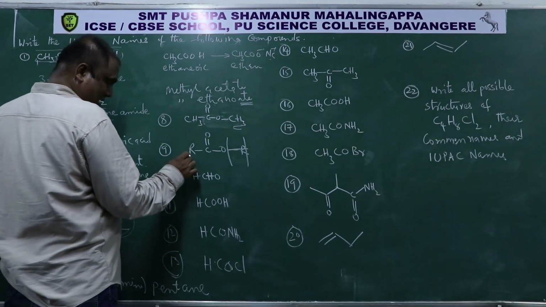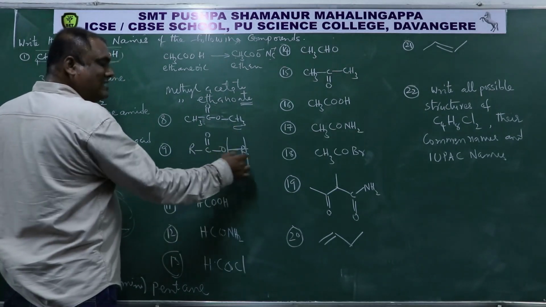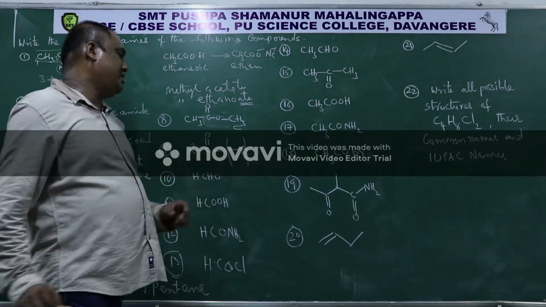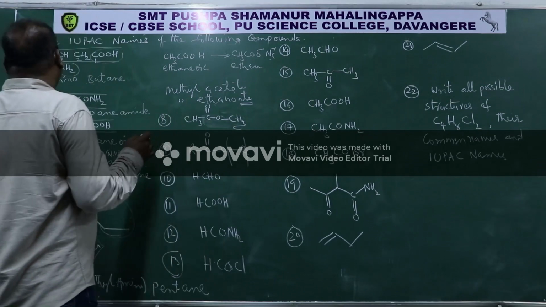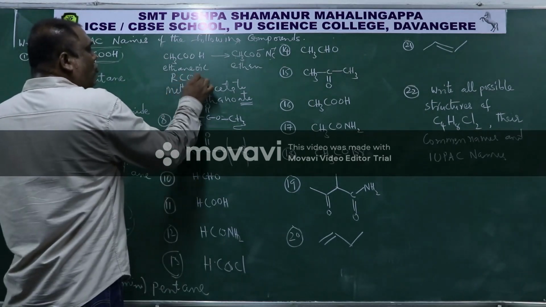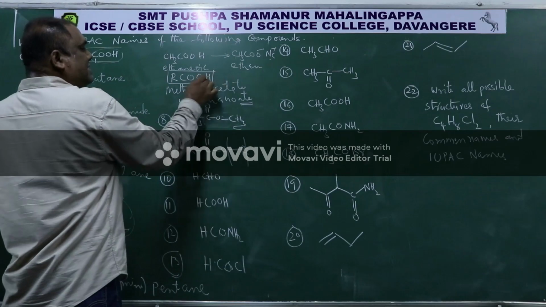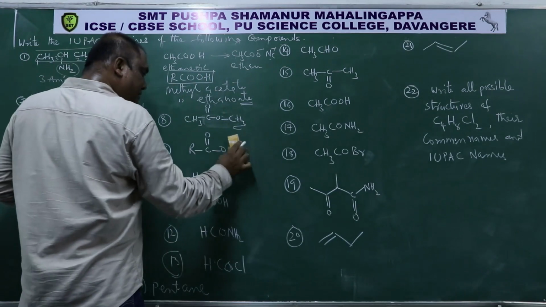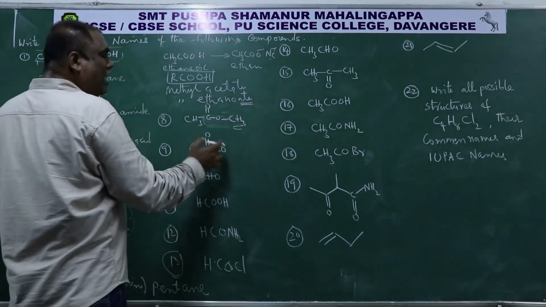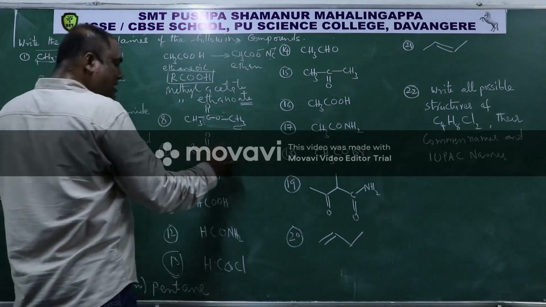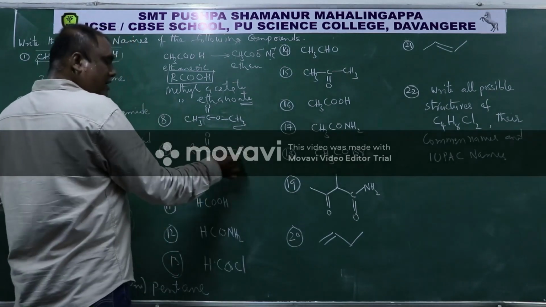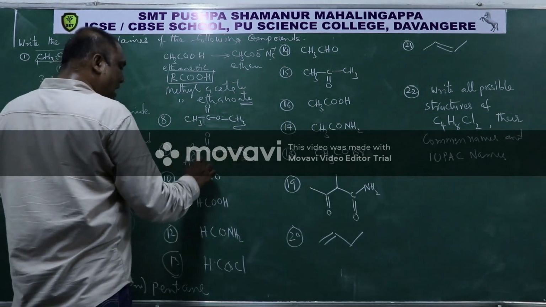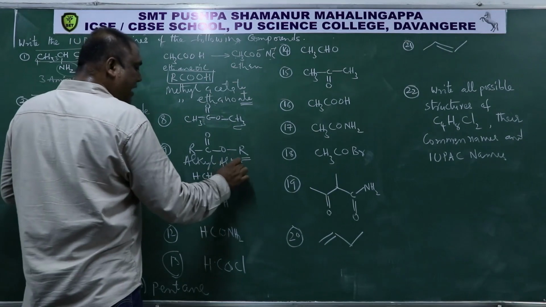That's why I write alk, an, oic acid. Alkanoic acid is the IUPAC name of RCOOH. But in place of H, if nothing is there, then it is called the alkanoate ion. Now this alkanoate is attached to R. Then the cation name is alkyl, the anion name is alkanoate, so the name becomes alkyl alkanoate.